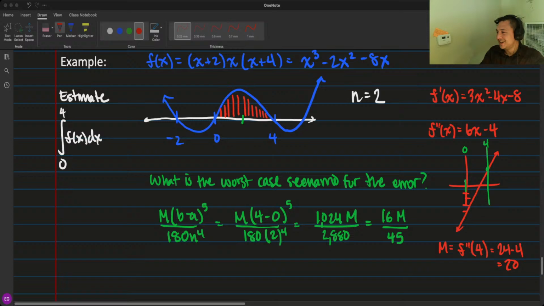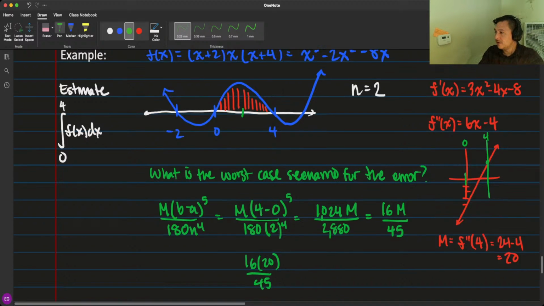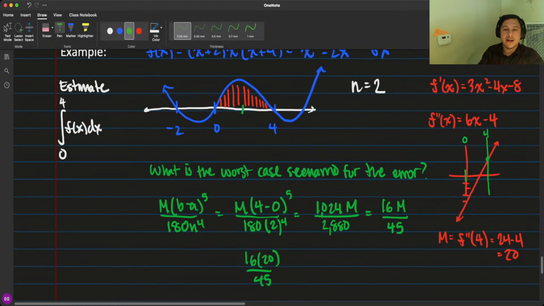Okay, back to this. So your M is 20. Now we can plug it in. Our estimate at worst will be 16 times 20 over 45. Why plug in 4? Because you need to find the maximum value for the second derivative. The second derivative is 6x minus 4. That's an increasing function, so its maximum will occur at the greatest value. So you want the biggest value between 0 and 4, and that occurs at 4.